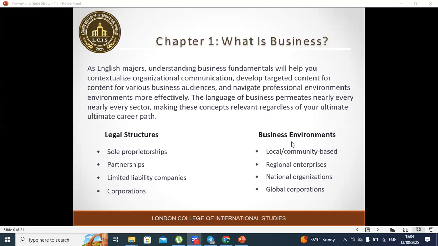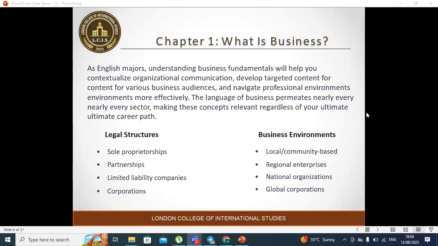So when you start your own business, like opening a company or something like this, you can register it legally by choosing one of them: sole proprietorship, partnership, limited liability company, or corporation.